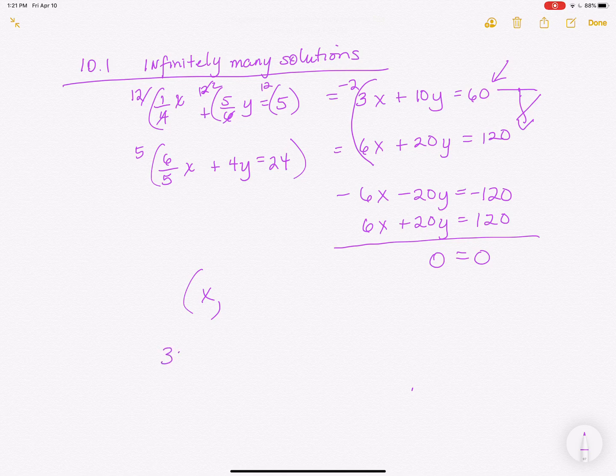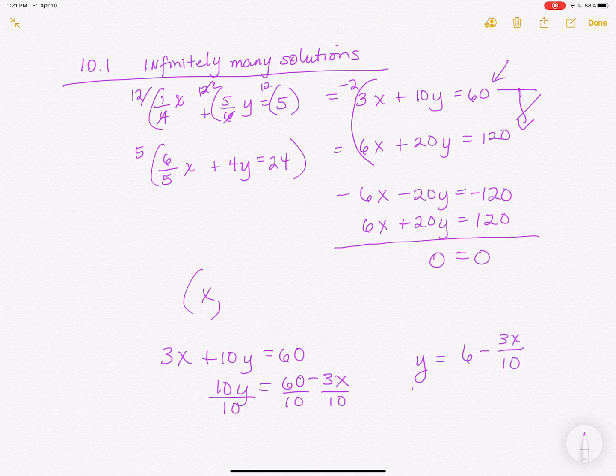So, for example, if I look at 3x plus 10y equals 60, if I isolate y or solve this for y, I get 10y equals 60 minus 3x. And at that point, I would divide by 10. And so y is going to equal 6 minus 3x over 10.